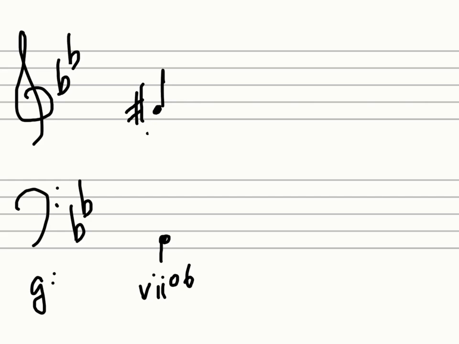And I'm going to put scale degree 4 here. And I'm going to double the A. So what happens now is the leading tone goes up. Scale degree 4 goes down.